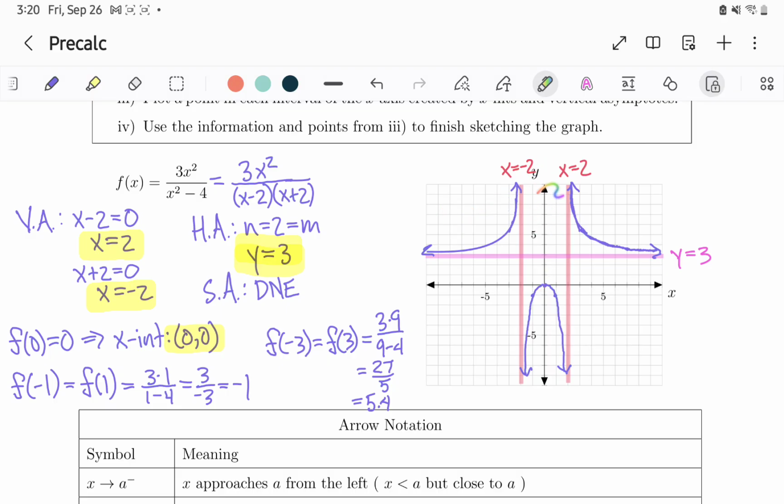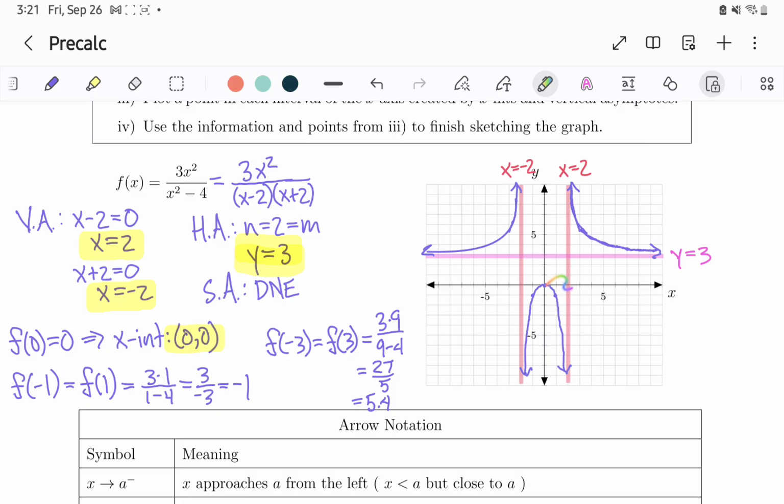And then on the other side of the vertical asymptote at x equals -2, we can again hop on our graph and go towards that vertical asymptote, except from the right now. And what we're seeing as x goes to -2 from the right is that the function's values are decreasing without bound now.